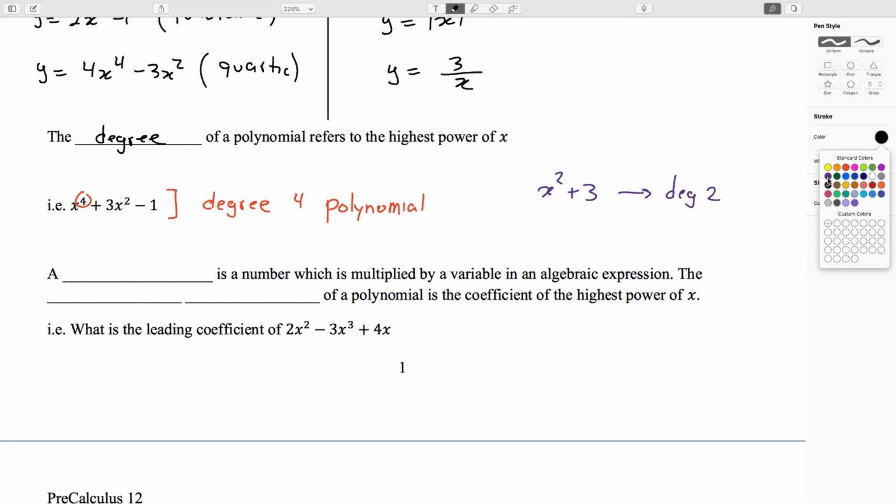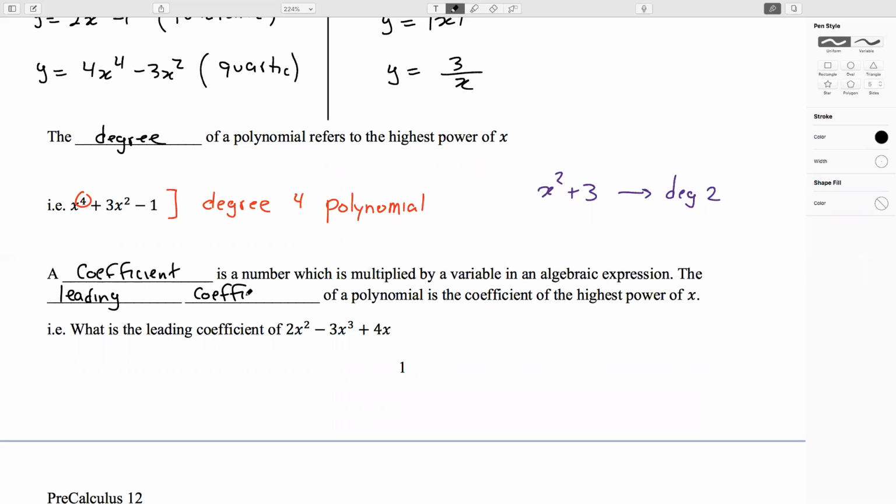Some other things to look for. A coefficient. A coefficient is a number which is multiplied by a variable in an algebraic expression. The leading coefficient of a polynomial is the coefficient of the highest power of x.